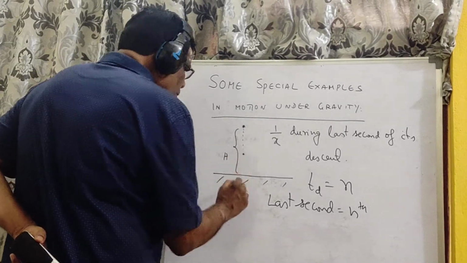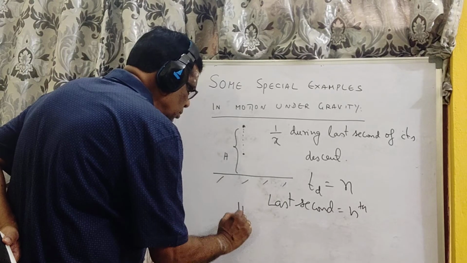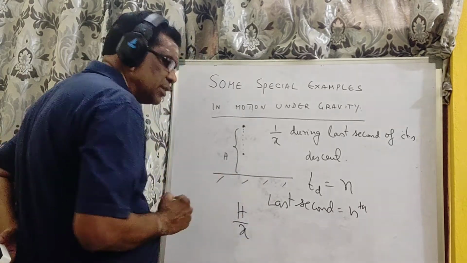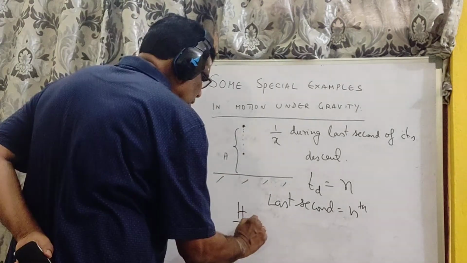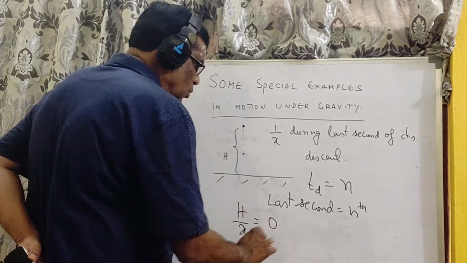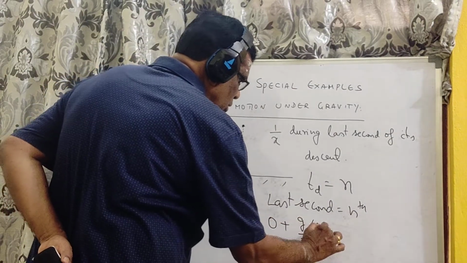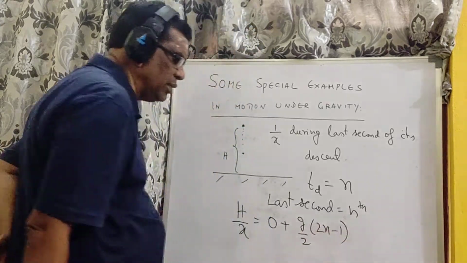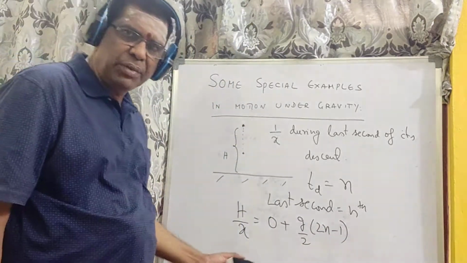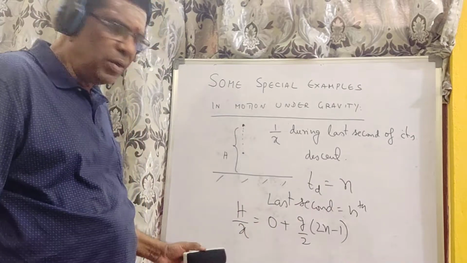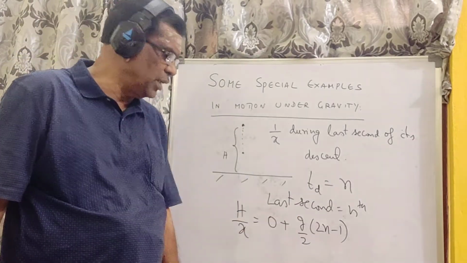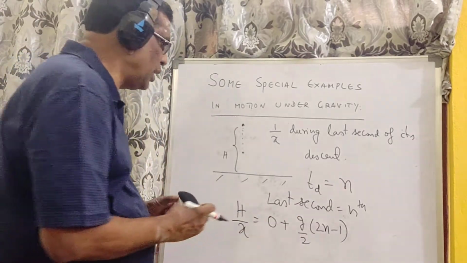Now, in the nth second, what is the displacement? h by x. Sn is equal to u, which is 0, plus a by 2 into 2n minus 1. This is a direct application of that formula for displacement in any particular second, right?